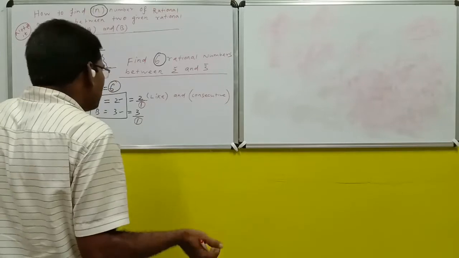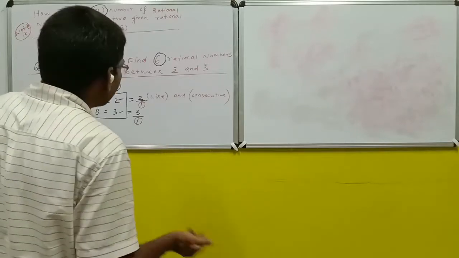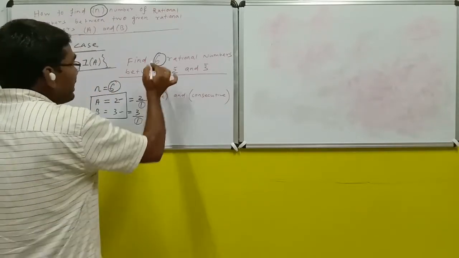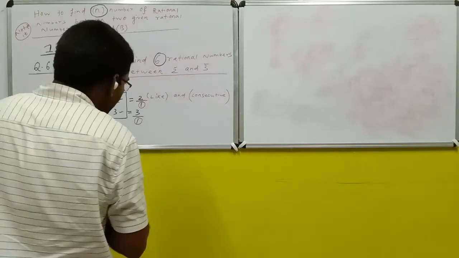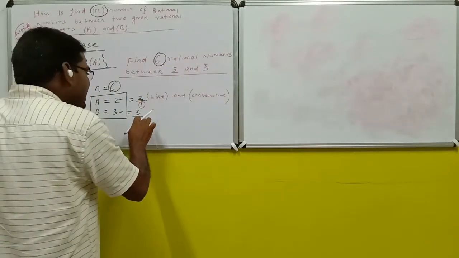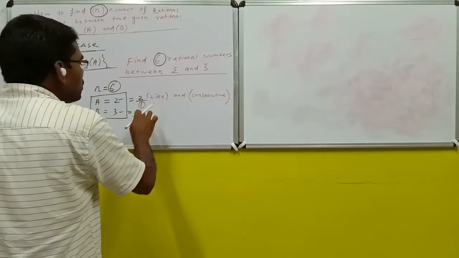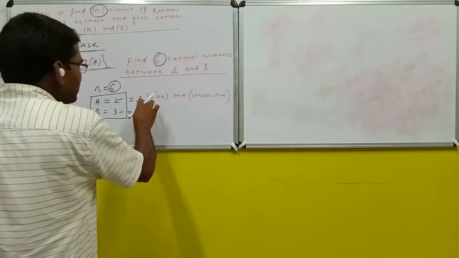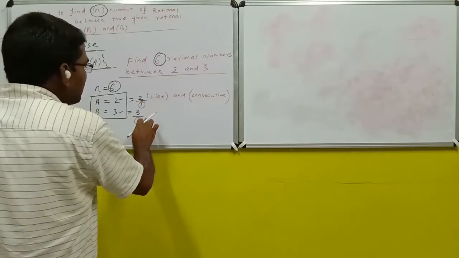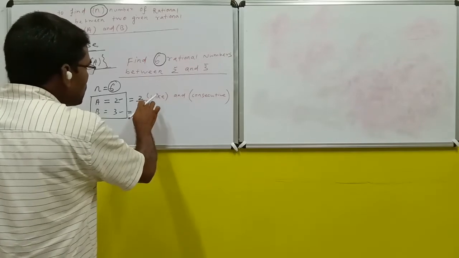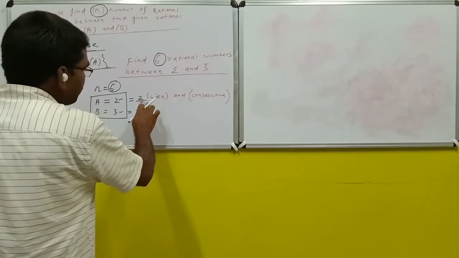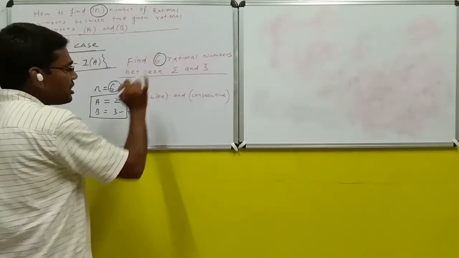And what is the procedure, or how can you find out 6 rational numbers between these two rational numbers which have the same denominator and which are also consecutive? How can you find out 6 rational numbers?